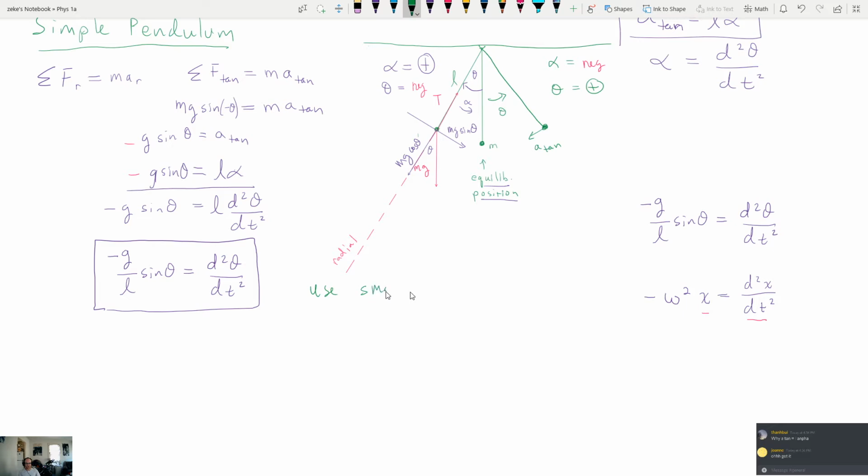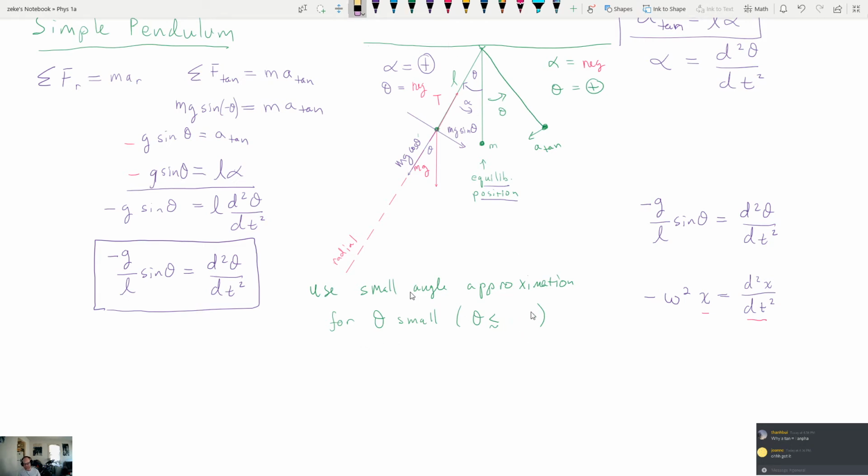We're going to use what's called the small angle approximation, which says that for angles that are small, basically for theta less than about 20 degrees, and it has to be in radians.